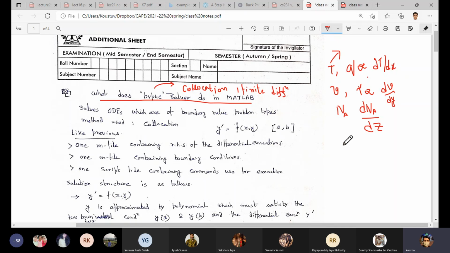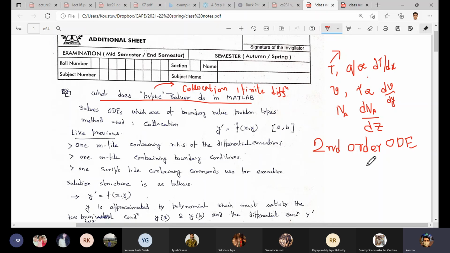Okay, so generally when transport related problems appear, we come across second order ODEs. Most of the transport problems have the characteristic that we come across a second order ODE.